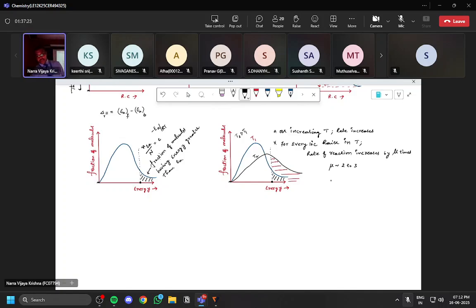We wrote that as K at T2 upon K at T1 is equal to mu power (T2 minus T1) upon 10. We have already seen this, right?